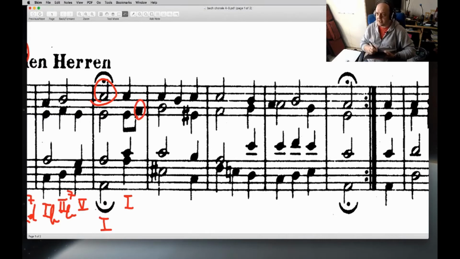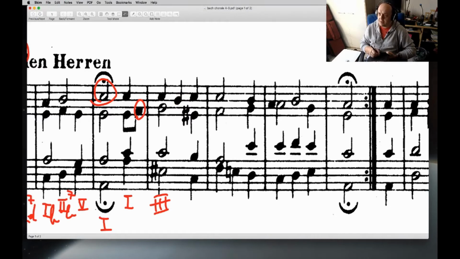Okay, that's a C sharp major. That's a C sharp major, so that is a chord 3, chromatic. This 7th is just an auxiliary note. It's a lower auxiliary. And the chord is still 3 chromatic. It's 3 chromatic for the whole bar.